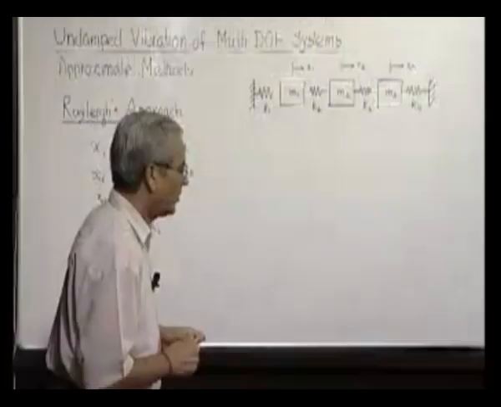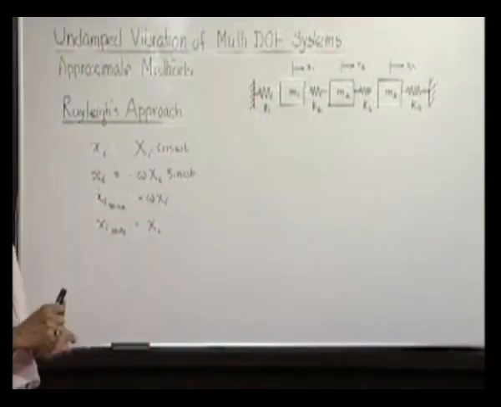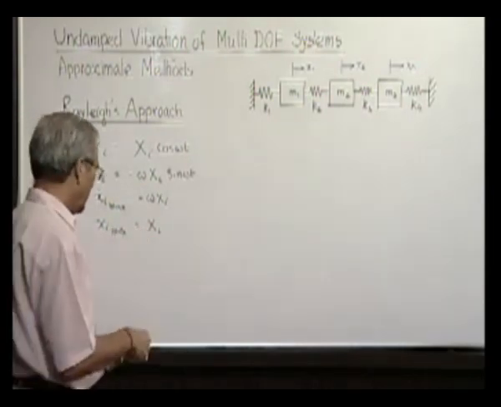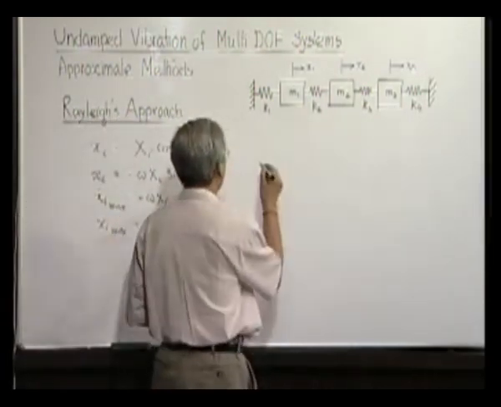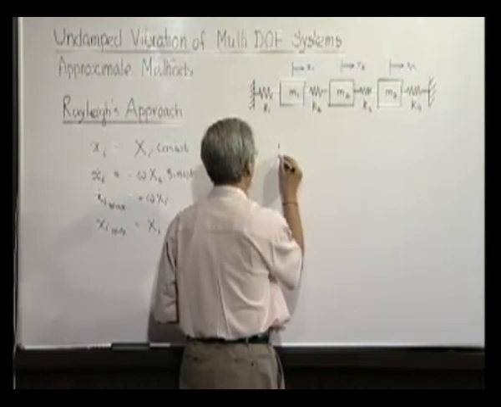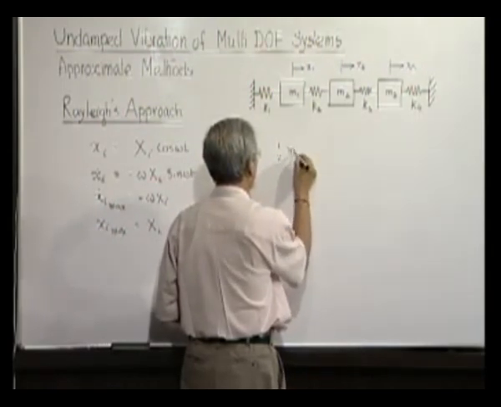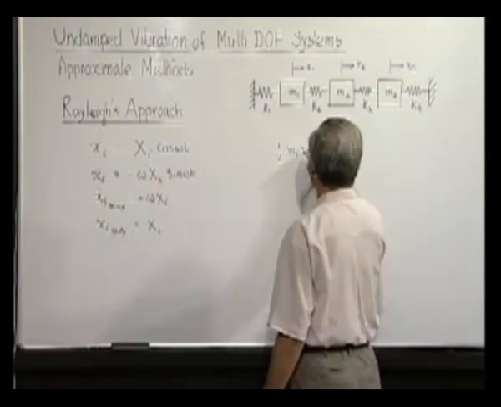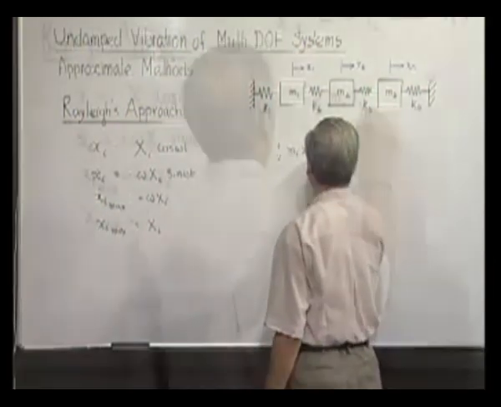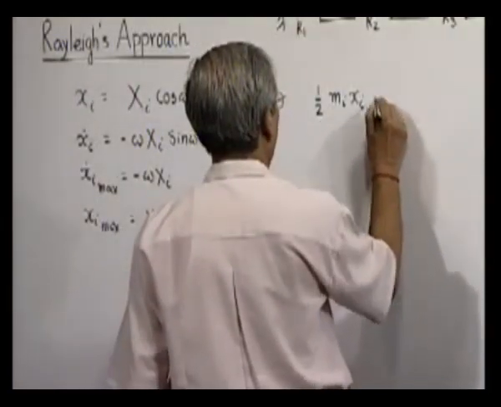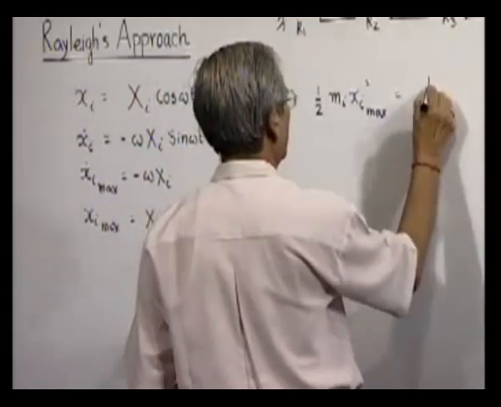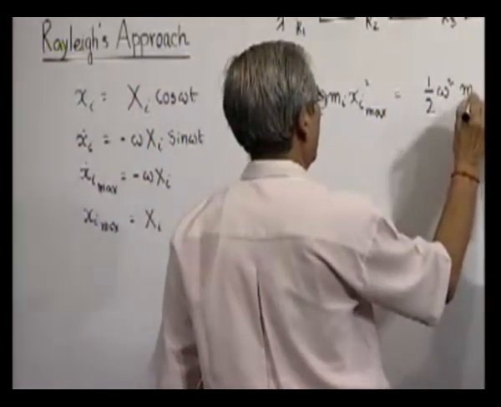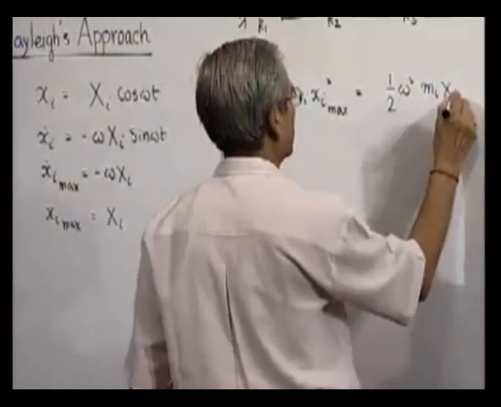So now, what will be the maximum kinetic energy of the whole system? The maximum kinetic energy of the ith mass will be half mi into the square of the velocity, which is going to be half omega square mi Xi square.